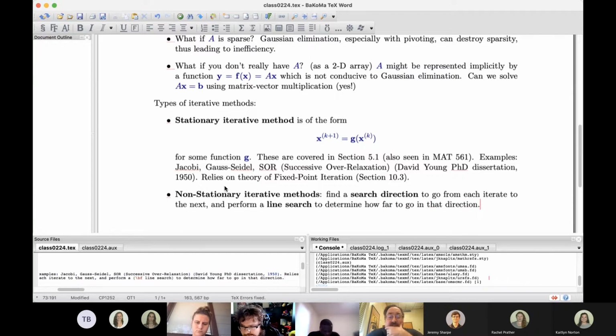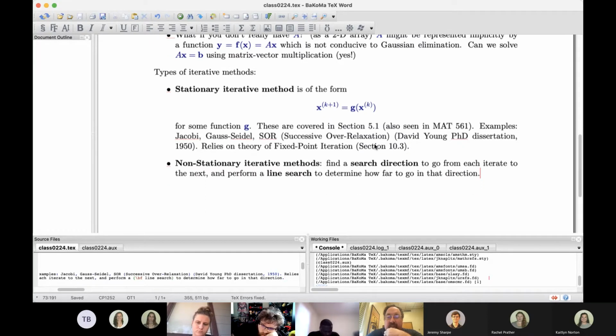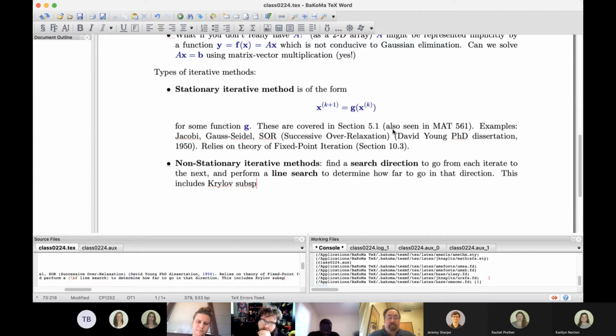All right. So a non-stationary method is a method of that form. It can't easily be expressed as a fixed point iteration. And that's what the rest of chapter 5, so sections 5.2 and 5.3, are about. So this includes what are called Krylov subspace methods, which I took some ideas from to develop Krylov subspace spectral methods for PDEs, but that's a whole other kind of animal.